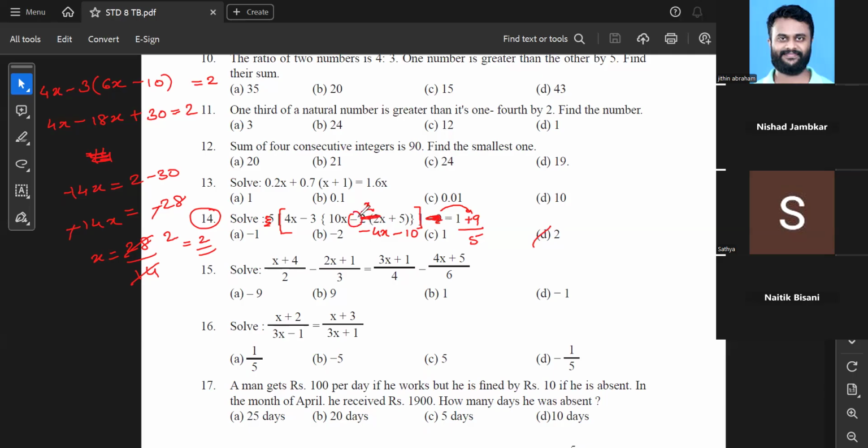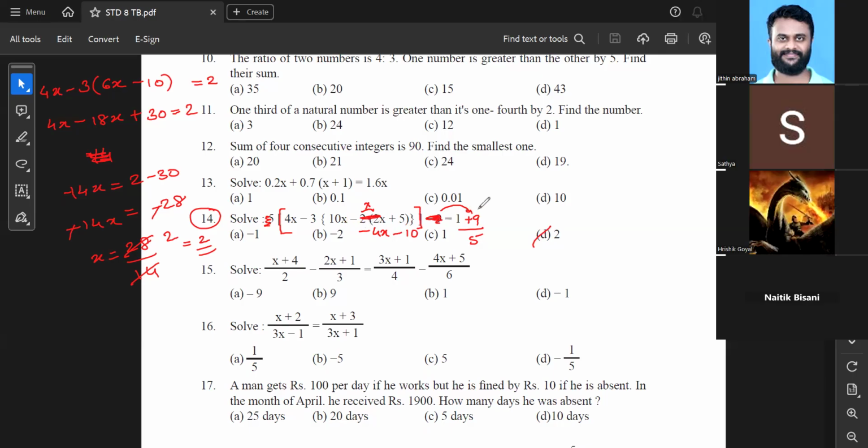Here you have a subtraction. If it was like 10x minus 2 in a bracket, and then it should be 10x minus 2 into 2x plus 5, then you should have multiplied 10x with both numbers, 2 with both numbers.